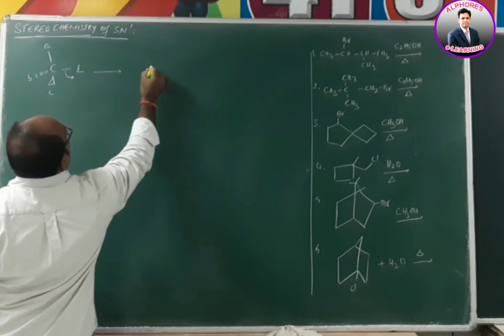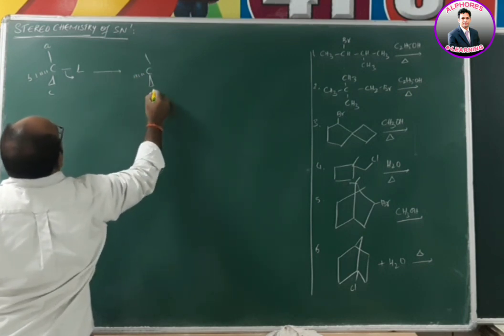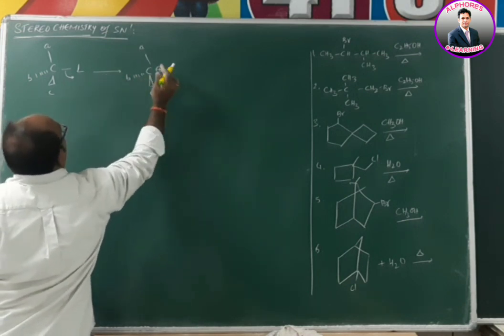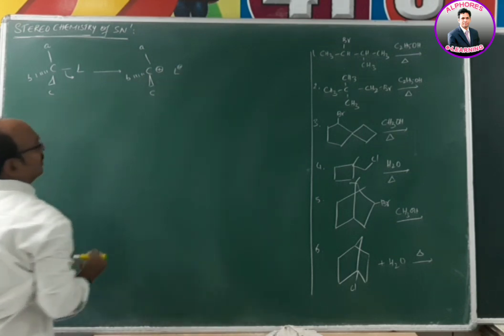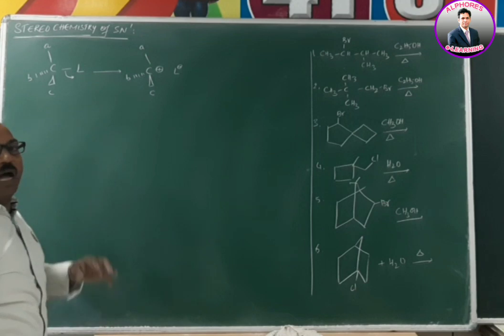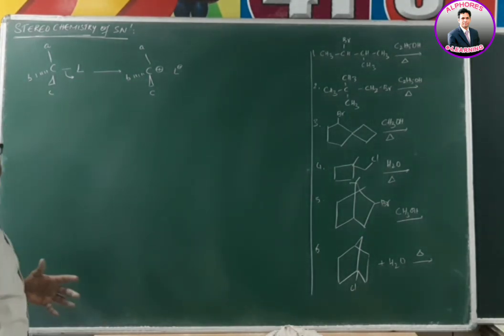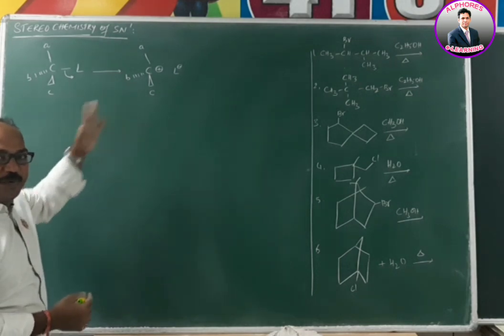The carbon slowly bears positive charge and the leaving group departs as L minus. Because of the high dielectric constant of the solvent, it has the ability to break the bond between carbon and leaving group as L minus and C plus.